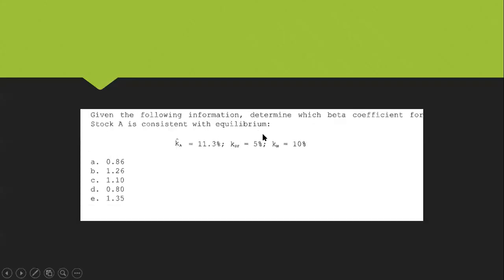Next. Given the following information, determine the beta coefficient for stock A that is consistent with the equilibrium.